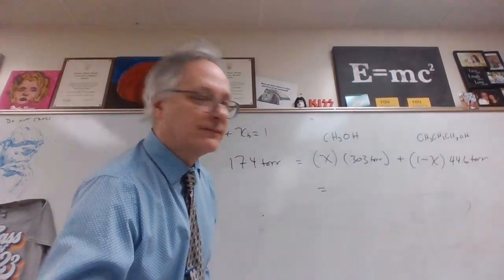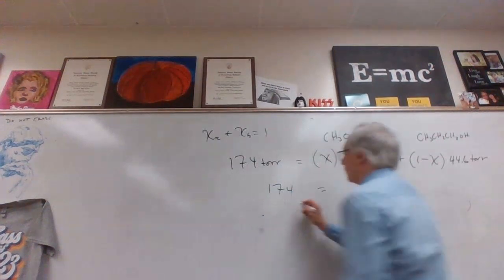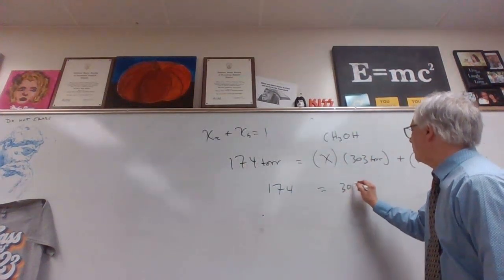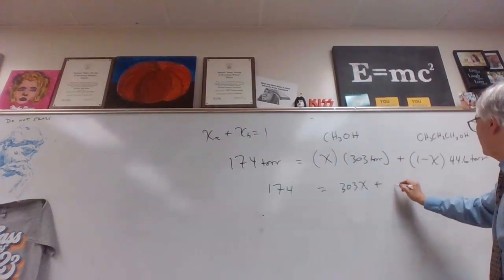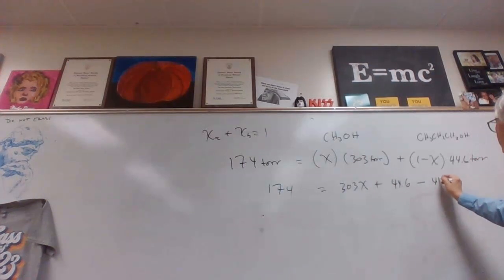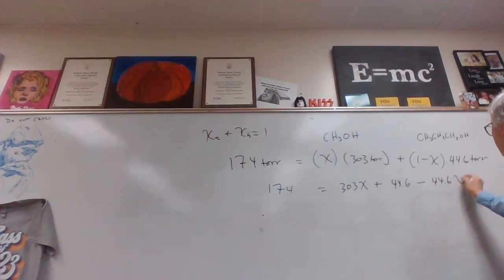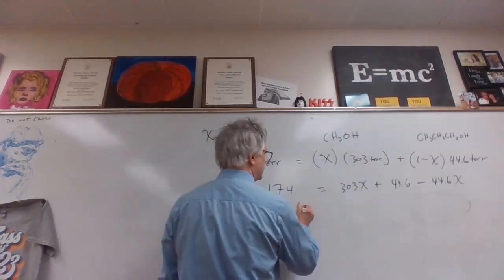I think you can do it. I'm going to leave the units off just because it makes life easy. So 174 is equal to 303 times chi plus, let's distribute this, 44.6 minus 44.6 chi. Take the 44.6, get our like terms, minus 44.6.